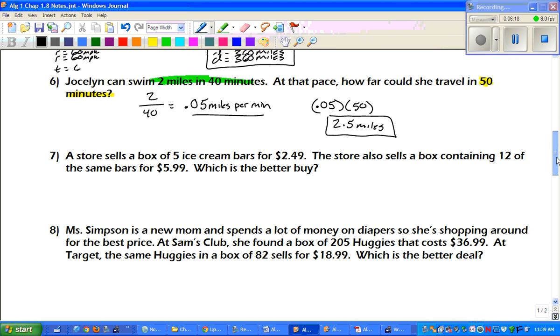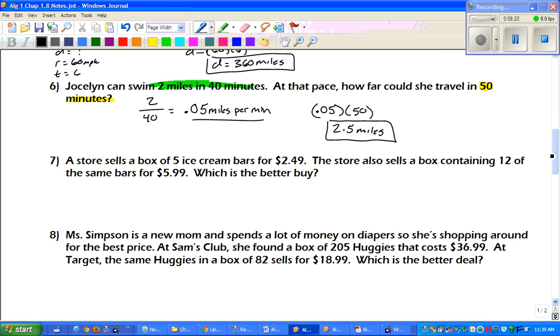All right, number 7, a store sells a box of 5 ice cream bars for $2.49 and 12 for $5.99. So they want to know which one is the better buy. Which one has the better unit price? Okay, so we're going to take the money on the top and the ice cream on the bottom.